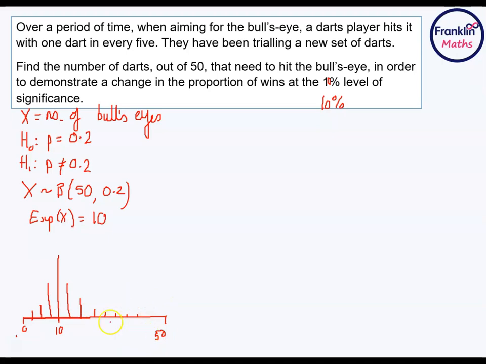So in this case, we're going to have two critical regions. We're going to have a lower cutoff point here and an upper cutoff point here to see whether there's a change or not. Remember, we're going to take the 10% level and split it up into 5% and 5% either way. So first of all, I'm going to look at the lower critical value.